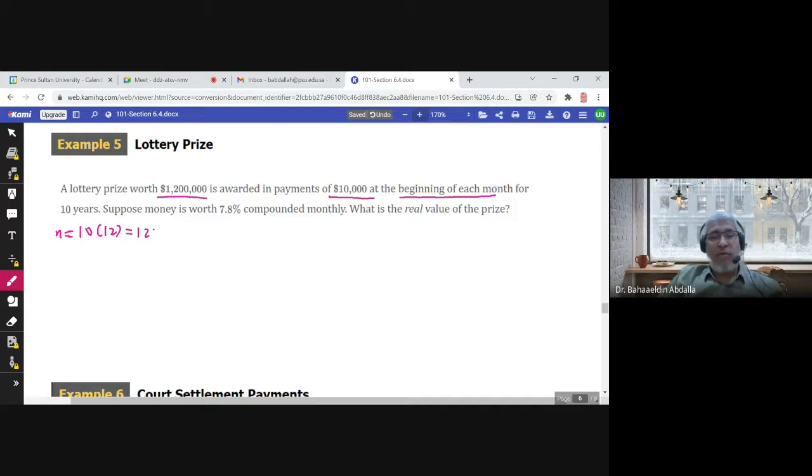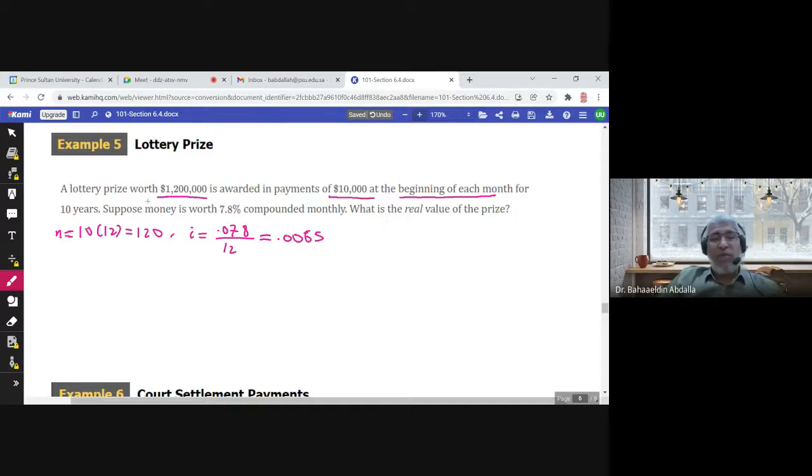The number of periods will be 120. And the interest rate per period: 7.8% compounded monthly, so 0.078 divided by 12. If you use the calculator, you will find that the answer is 0.0065.